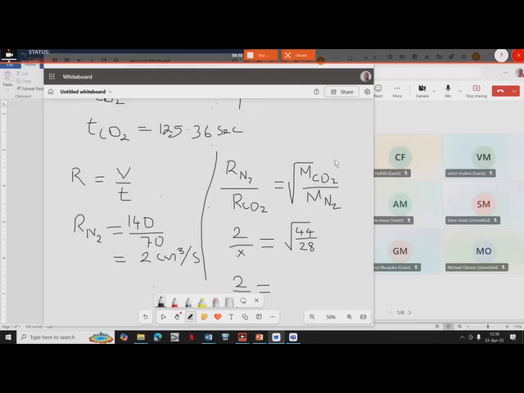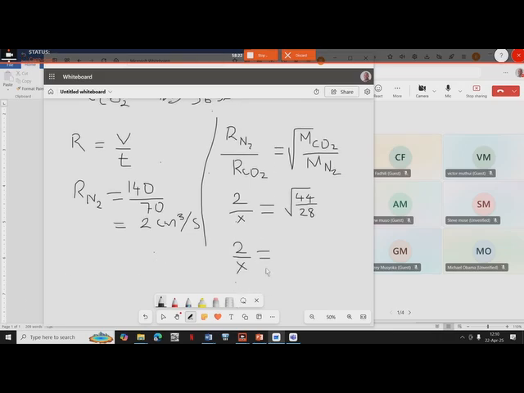Then if I have that, I can now apply this formula which talks of rate and mass. So R N2 over R CO2 is inversely proportional to the square root of their masses. So that's why I've written mCO2 at the top and N2 at the bottom. So where there is rate, they will be inversely proportional.